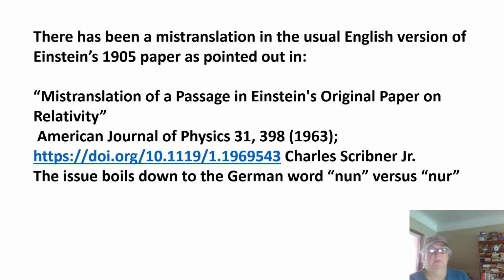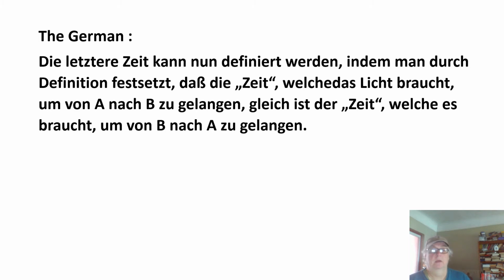Now there's been a mistranslation in the usual English version of Einstein's 1905 paper, and it's pointed out in a paper in the American Journal of Physics in 1963. The issue seems to boil down to the German word nun versus the German word nur. This is the German.